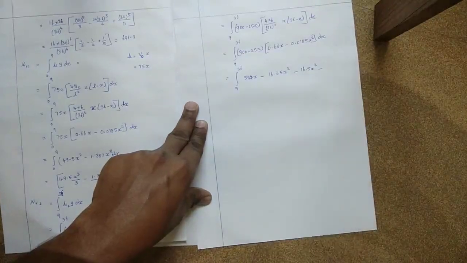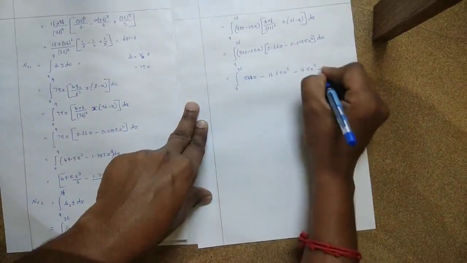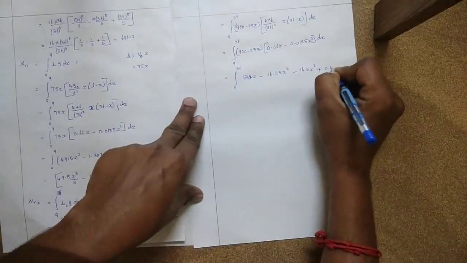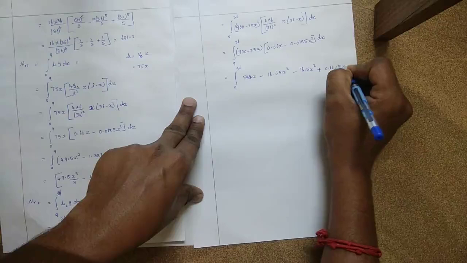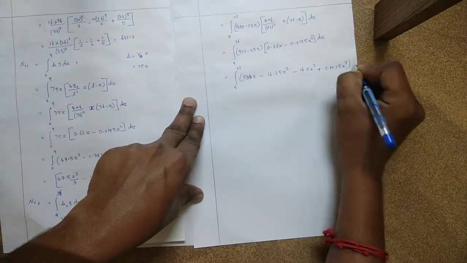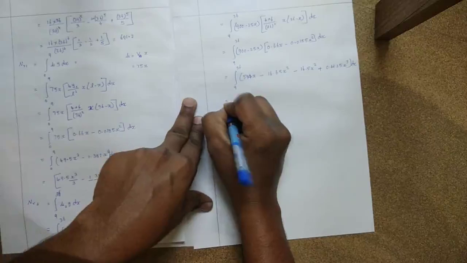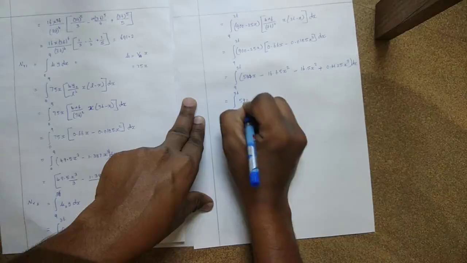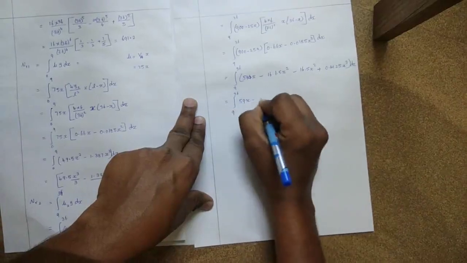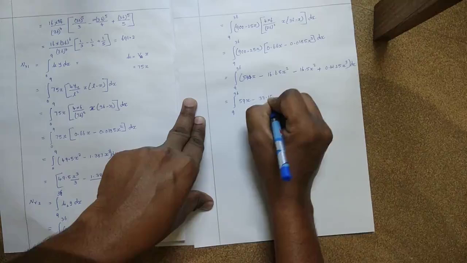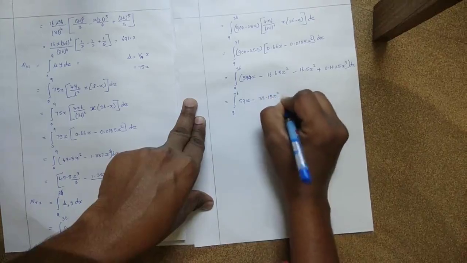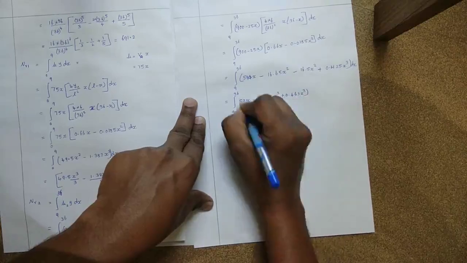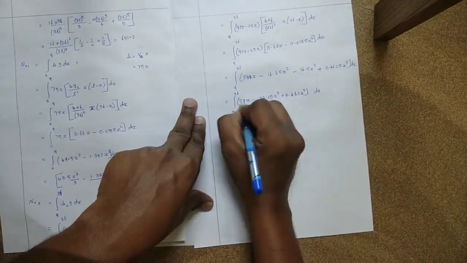Next, minus into minus will be plus 0.4625 x cube into dx. So we simplify this: from 9 to 36, 594x minus 33.15 x square, because we have the same value, plus 0.463 x cube dx.